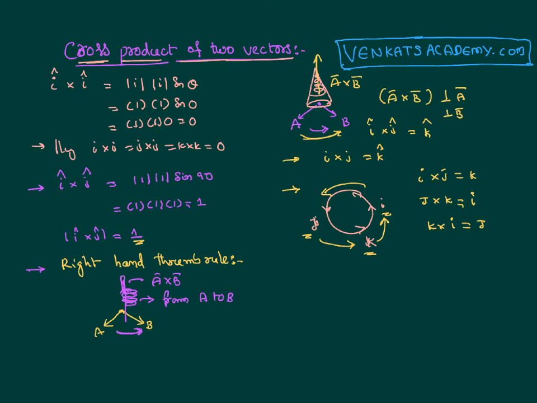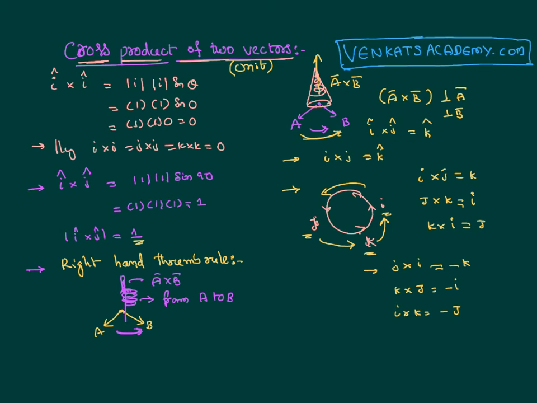I cross j equals k, j cross k equals I. Though I said cross product, I am right now solving only the cross product of the unit vectors. Suppose I say j cross I, it will have the same magnitude as k but opposite in direction, as per the right hand thumb rule or the corkscrew rule. Or I can write k cross j, that will be I but in the opposite direction. If I write I cross k, that will be j but in the opposite direction.